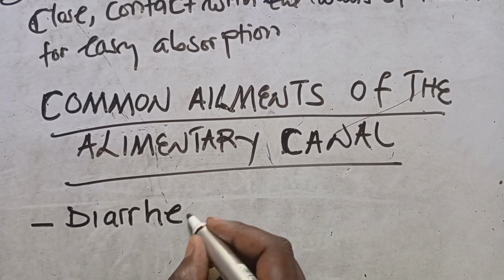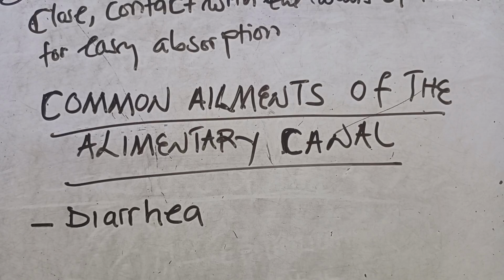Now the question is, how does diarrhea come about? It can be caused by a virus or a bacteria that enters the alimentary canal through the food.